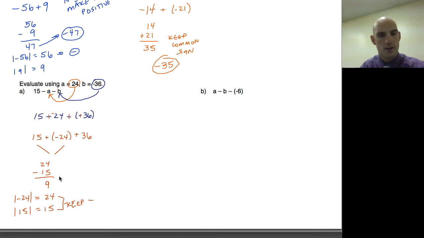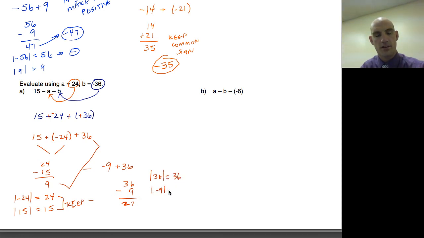So now when I put all this together, it's going to be negative 9 plus 36, because I kept the sign of the bigger absolute value. And so I'm going to start it over again. I'm going to say 36 minus 9 is 27. And of course my absolute value of 36 is equal to 36. And my absolute value of negative 9 is 9. So I'm going to keep the positive. So this is going to become positive 27.